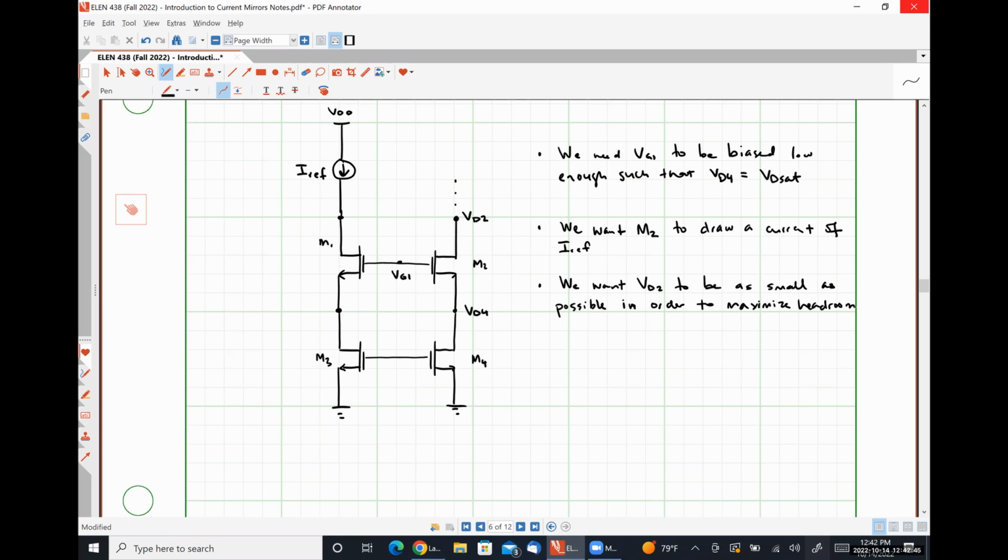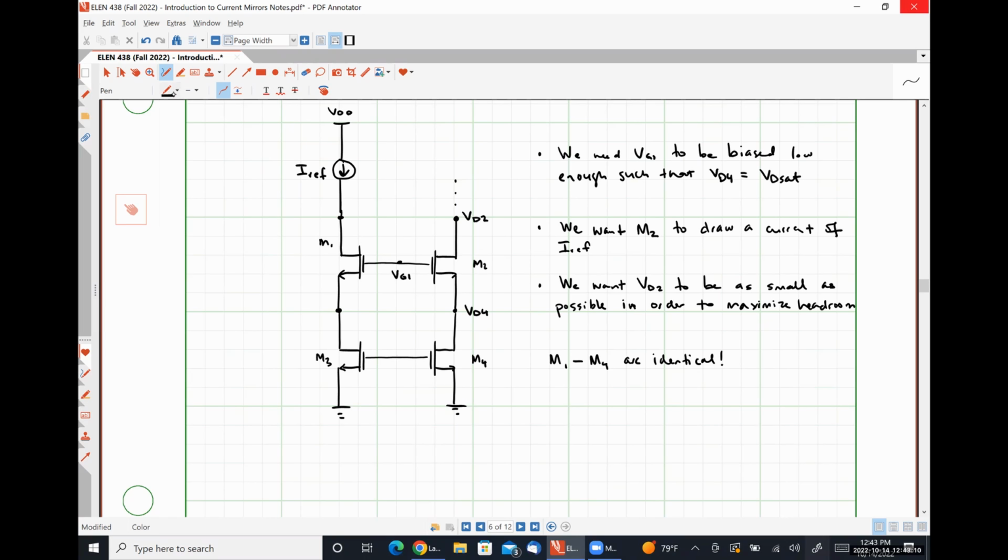How we are going to accomplish this is we are going to alter our feedback connection and add an additional transistor. So right now, M1 through M4 are identical. We are going to keep this portion.